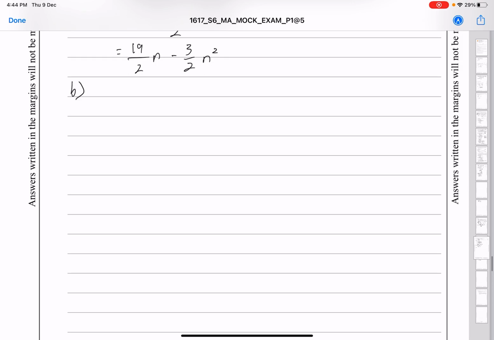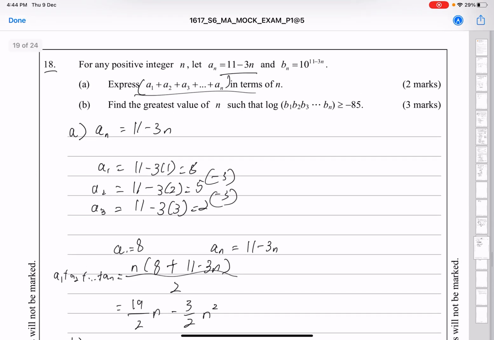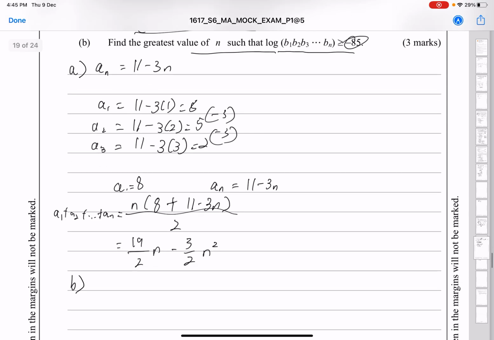Part B. Find the greatest value of n such that log b1 plus log b2 plus log b3 plus up to log bn is larger or equal to negative 85.